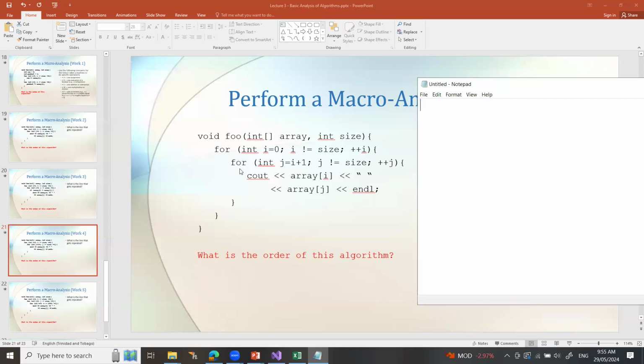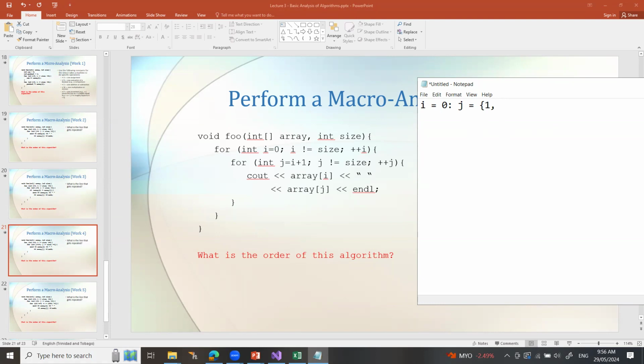So what you want to do is start with the inner loop. Let's say i is 0. When i is 0, what values of j does the inner loop run for? J will start from 1, but what are the values it will take?